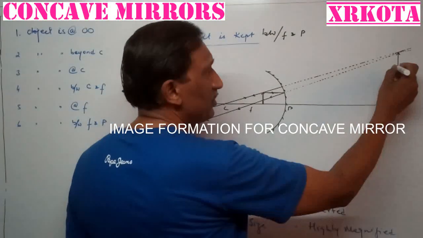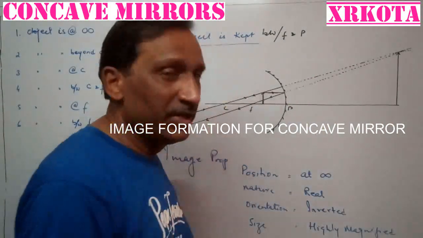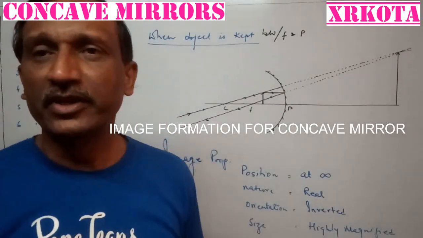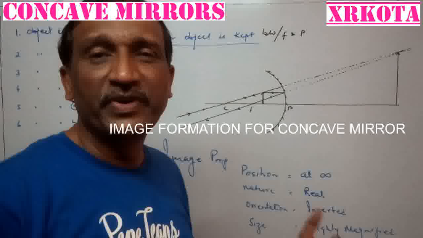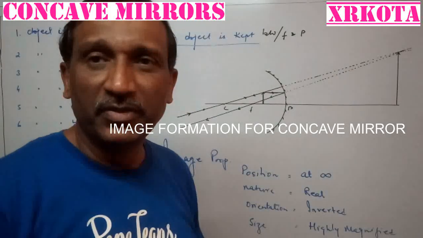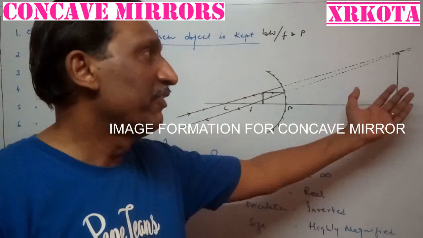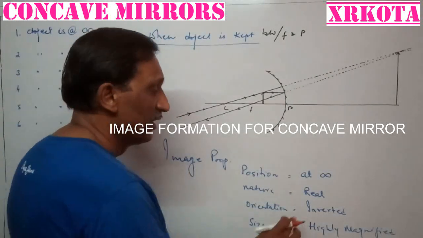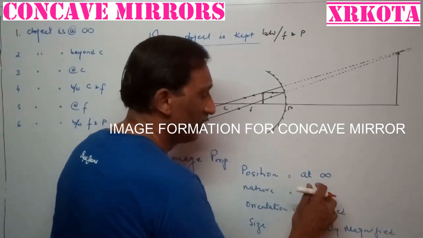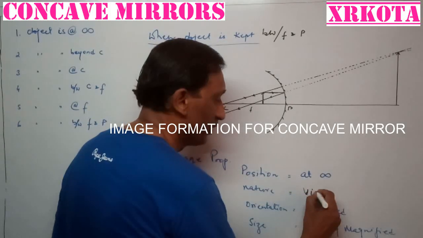So any image which is formed behind the mirror, you cannot get on the screen. If you keep a screen there, definitely light cannot pass through the opaque mirror, and you will never get the image formed behind the mirror. So such an image is called a virtual image.